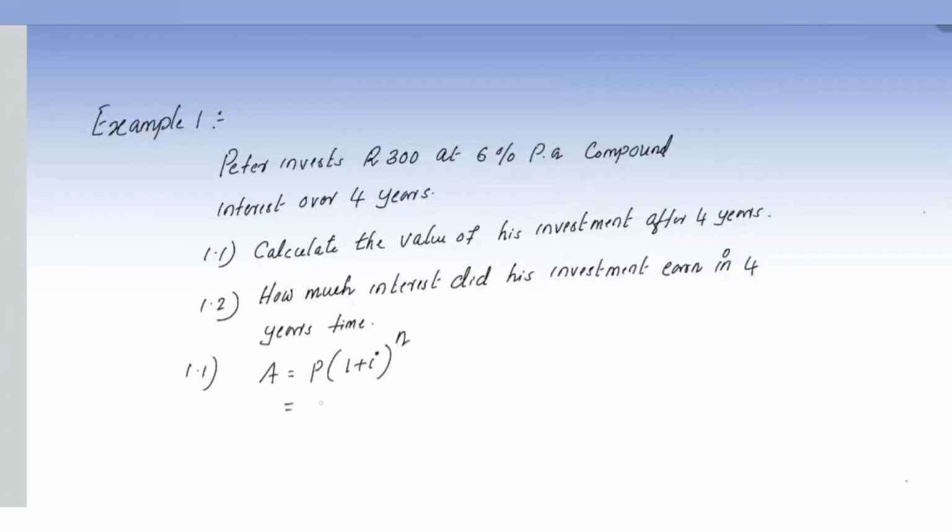Now just substitute: 300 times 1 plus 0.06, that is 6 divided by 100, to the power 4.